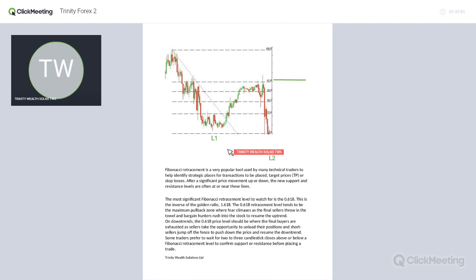So the deeper it reverses, the shorter the distance the L2 will be from L1. But if the market just reversed to 38 here and started coming down, chances are our L2 is likely to be a little bit deeper, maybe somewhere here. Our L2 will be there. So if it retraces much deeper, it will also make a lower low which is not further away from the previous low.